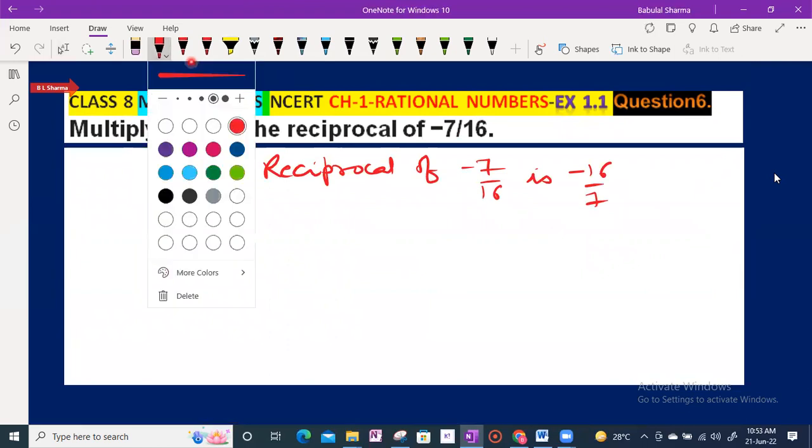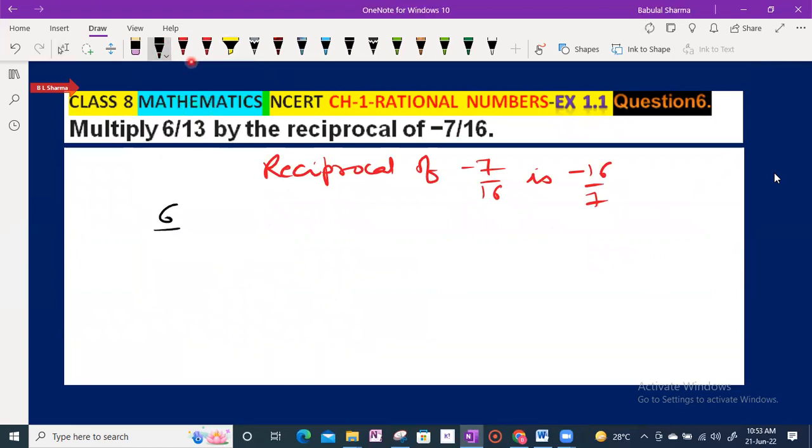Now you multiply both the numbers, आप इन दोनों numbers को multiply करिए. So given 6 by 13 into minus 16 upon 7, we can write here minus 96 upon 91, 13 7 ja 91. This is the answer of this question.